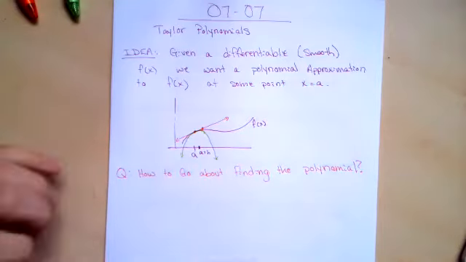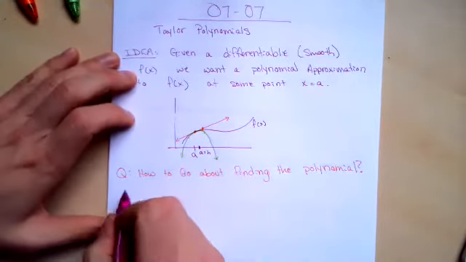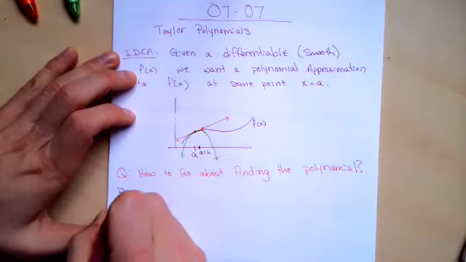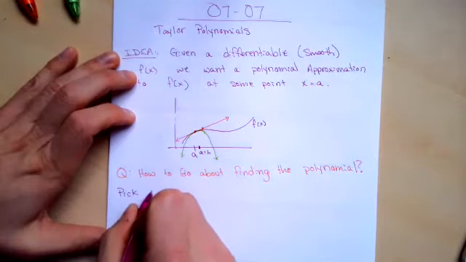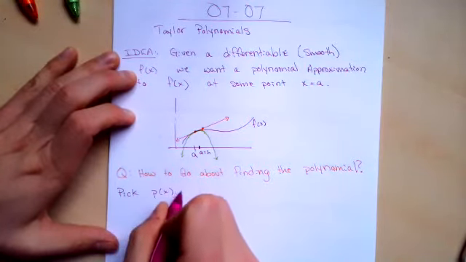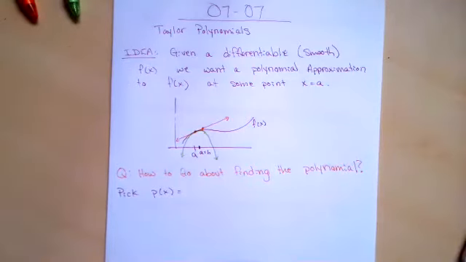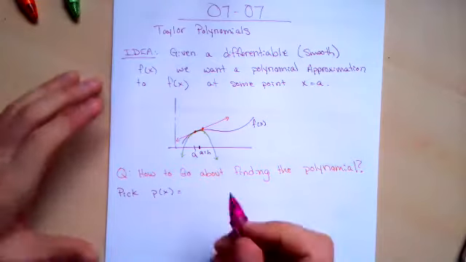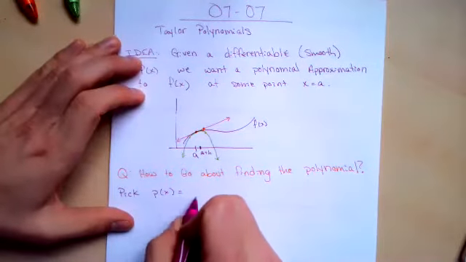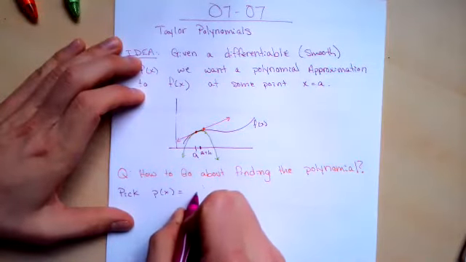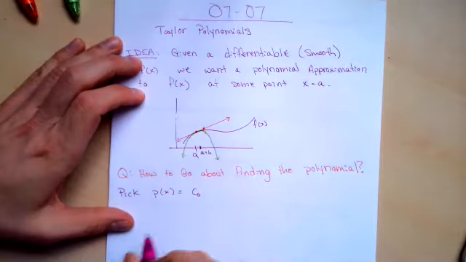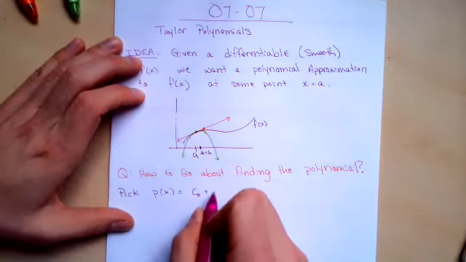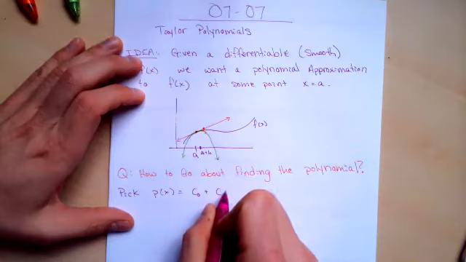Okay, well, what do we want out of the polynomial? Let's pick our polynomial. I'm going to call it p of x. And we want it to be centered at a given point a. And so what I mean by that is, well, polynomial, let's start with our lowest degree constant at C0, and then we'll have some linear term.